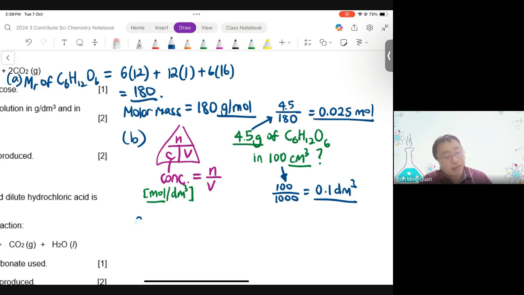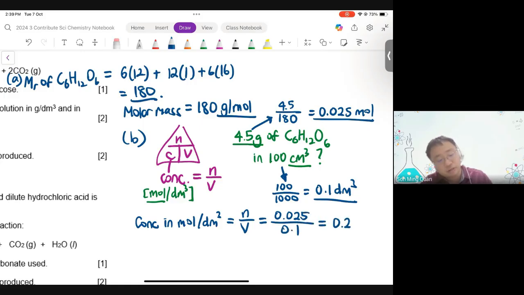Okay? Once you have this, to calculate concentration, I take number of moles divided by volume. 0.025 mole divided by 0.1 dm cube, which gives you 0.25 moles per dm cube. Okay? So that's in moles per dm cube.